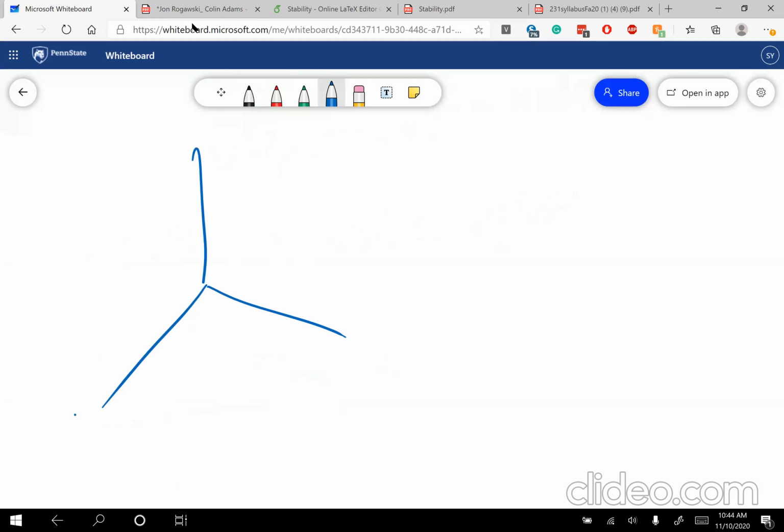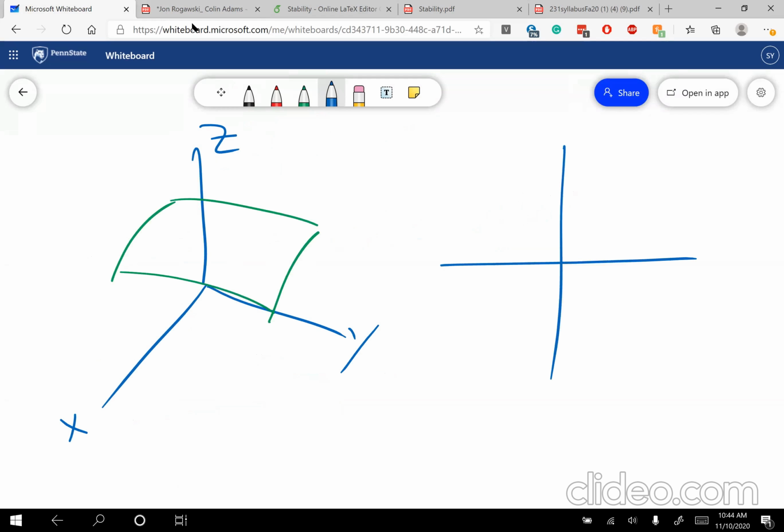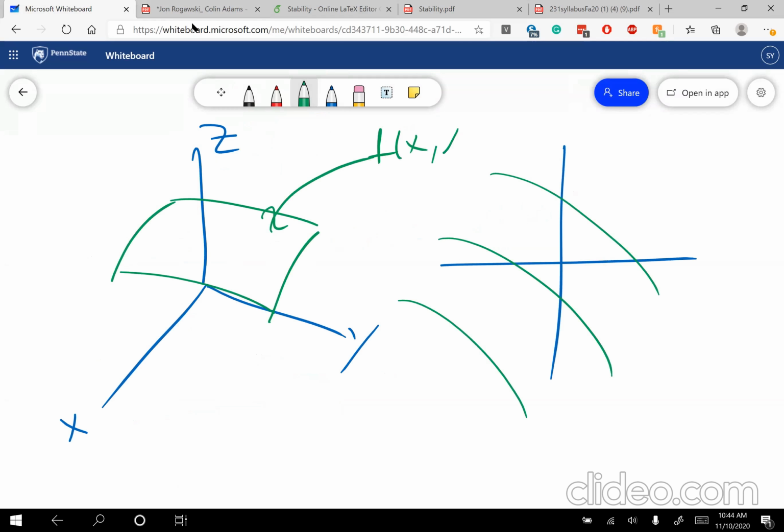Now, if we have a surface in 3 dimensions, and we look at the level curves of this surface, so maybe this over here is f(x,y) = 3, and this over here is f(x,y) = 2, f(x,y) = 1, and f(x,y) = 0.